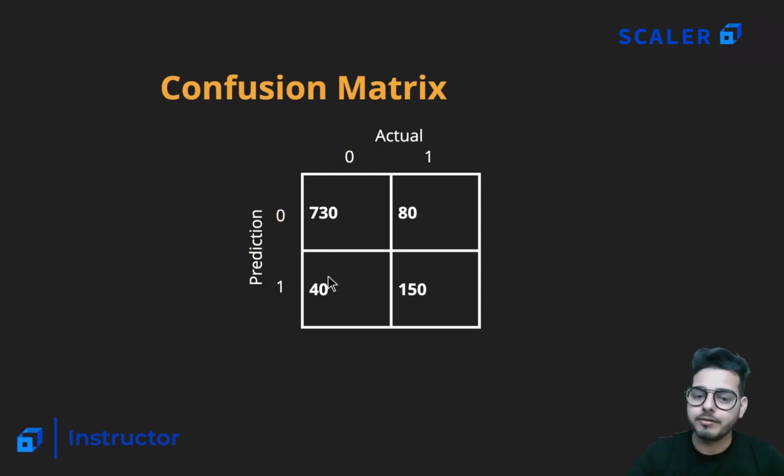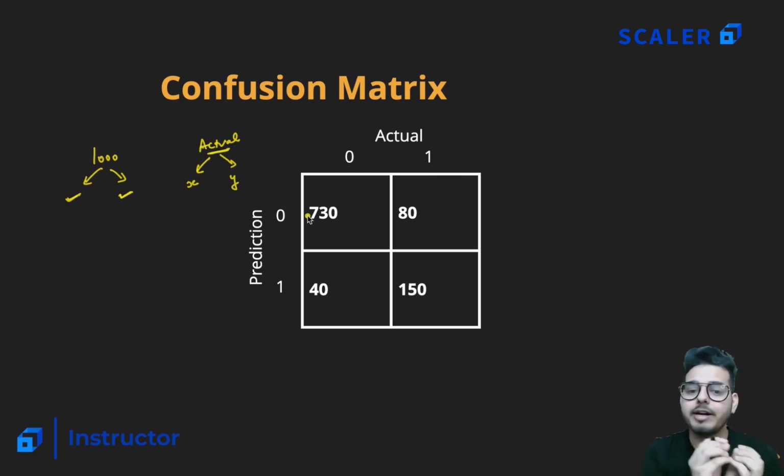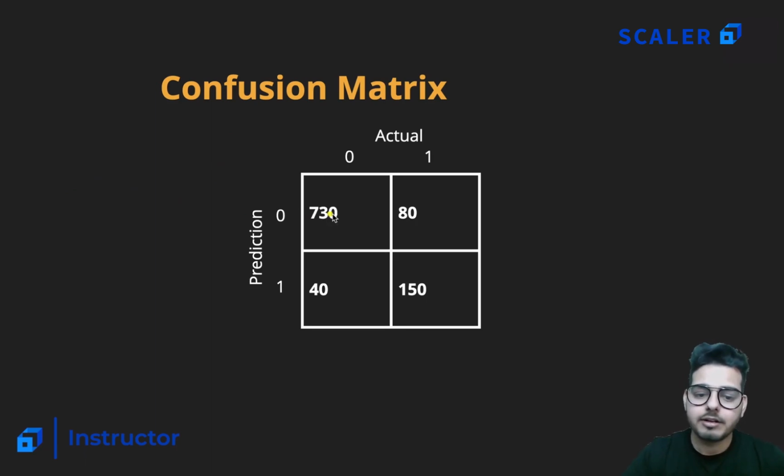So what we observed from the data is, for 1000 people, the model said that a few people will leave and a few people will not leave, but in actual we saw that this number of people left the company and this number of people did not leave. So let's plot that data in the confusion matrix. It looks something like this. This number 730 says that your model is saying that these people will not leave the company.